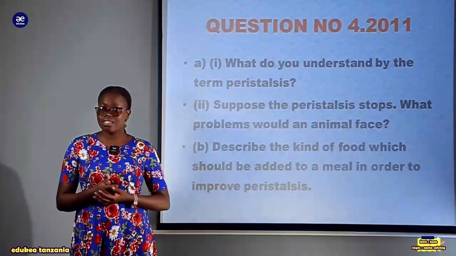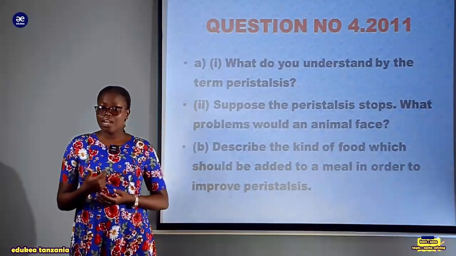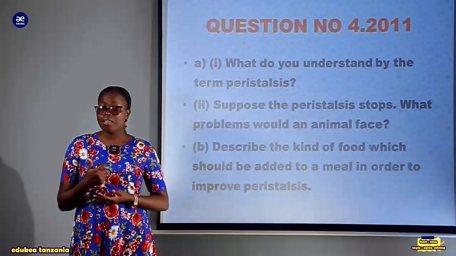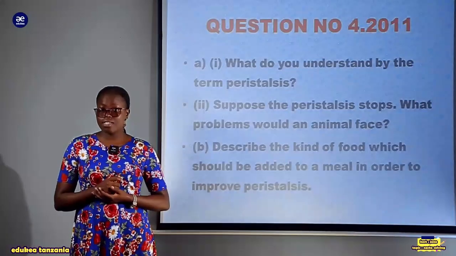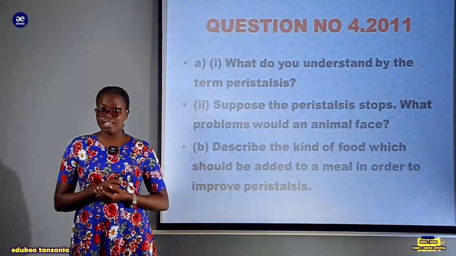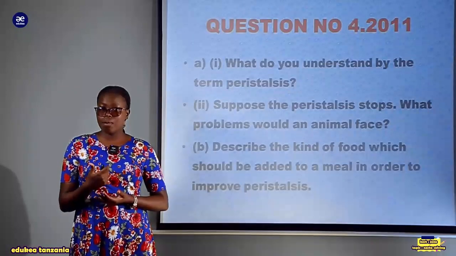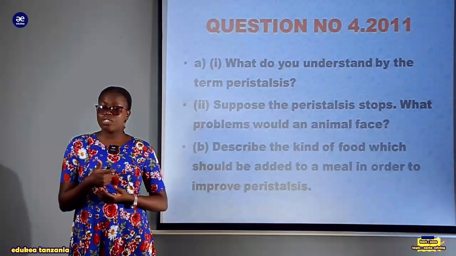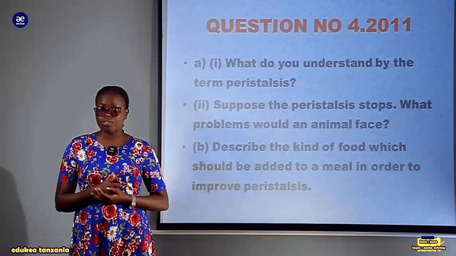Within the mouth there are teeth, na vile vile kuna tongue. Tongue inakuwa na produce the saliva. Saliva ni mixture ya water pamoja na this enzyme ambayo inasaidia katika digestion. So maji yale yanasaidia katika dissolving of the food, kuweza kukilainisha ili uweze kukimeza vizuri.